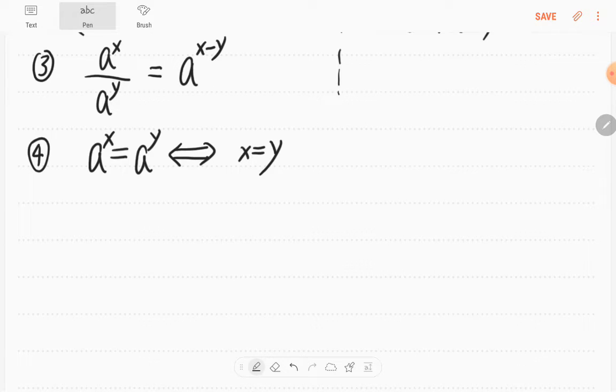This is called the one-to-one property. If this exponential function equals another exponential function with the same base a, then the exponent, the input, must be the same. This is called a one-to-one function.